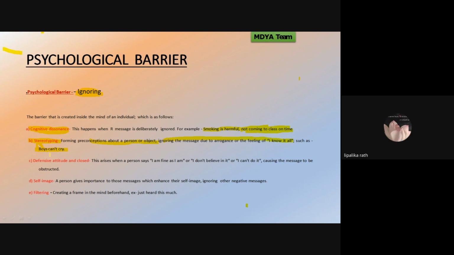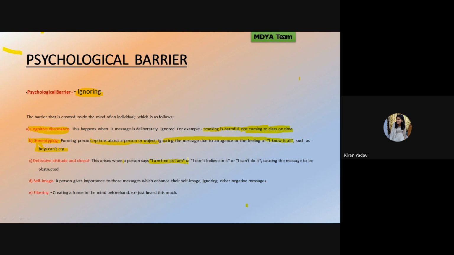Yes, ma'am. Okay. Then next is defensive attitude and closed mindset. When someone criticizes you, you try to protect yourself. You become defensive and closed-minded. So this is also a barrier. This arises when a person says, I am fine as I am, and they do not want to change.